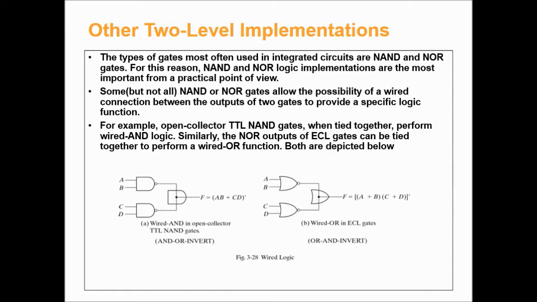For example, open-collector TTL NAND gates, when tied together, perform wired-AND logic. The open-collector TTL gate is shown in this figure. The wired-AND logic performed with the two NAND gates is shown in the diagram.